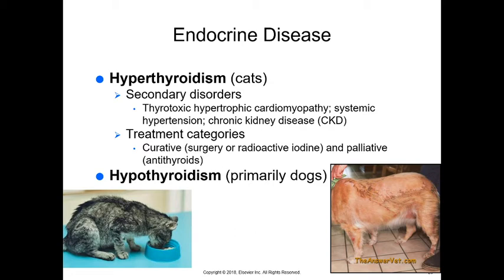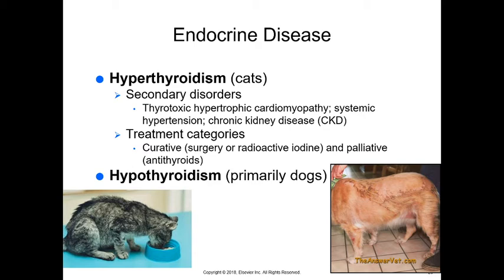So when we're treating the hyperthyroidism, we're making the hyperthyroidism better, we're actually killing the cat with kidney disease because we're making the kidney disease worse. So anytime we start to treat hyperthyroidism in cats, we have to do blood tests to make sure that the kidneys are still functioning normally.